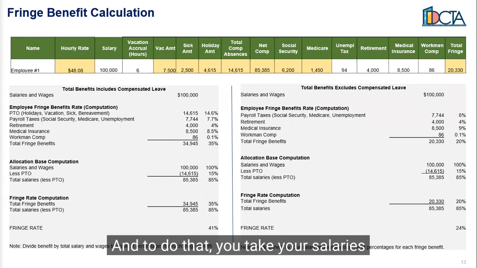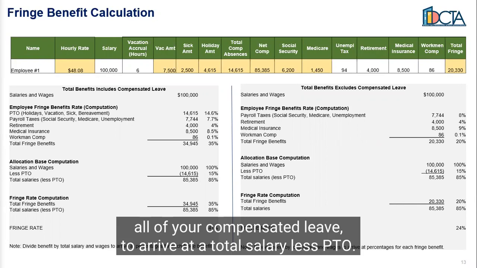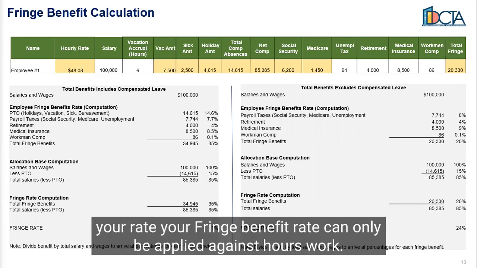Your next step is to prepare your allocation base. And to do that, you take your salaries and wages, your total compensation, you back out all of your PTO, all of your compensated leave, to arrive at a total salary less PTO. Now, the reason that you back out your PTO is because your benefit rate, your fringe benefit rate, can only be applied against hours worked.